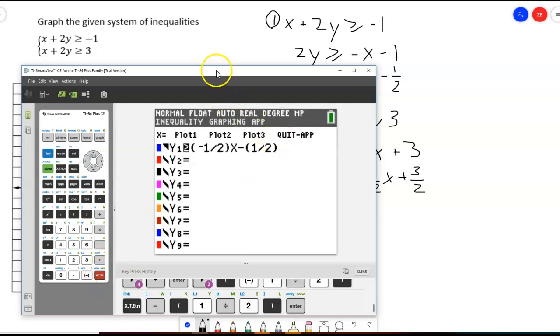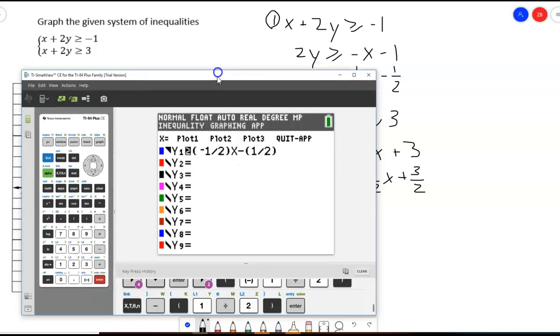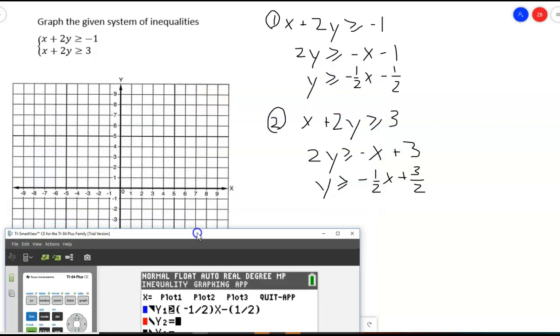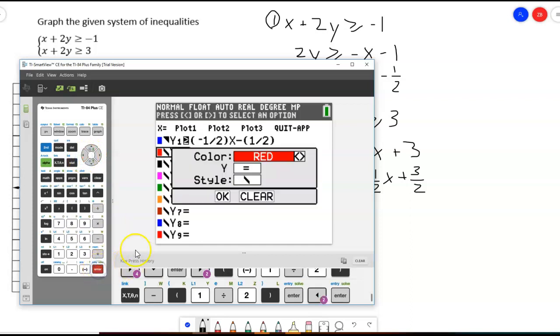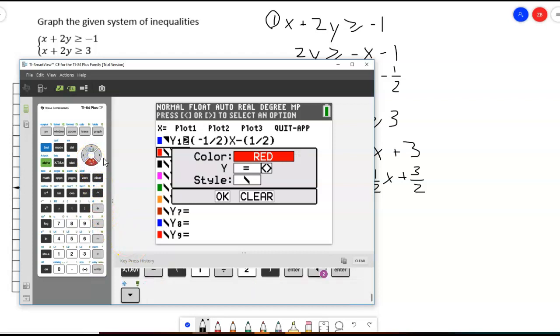Now for the second equation, that is going to be -1/2 x plus 3/2. And once again, I'm going to have to come over here, hit enter, and change that to greater than or equal to. Down here, oops, hit OK.